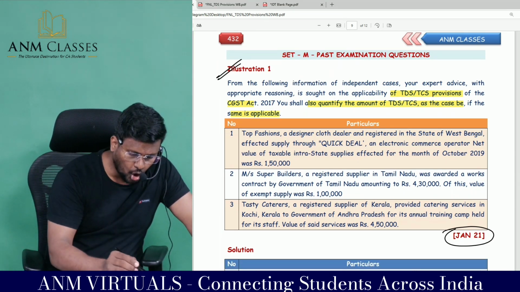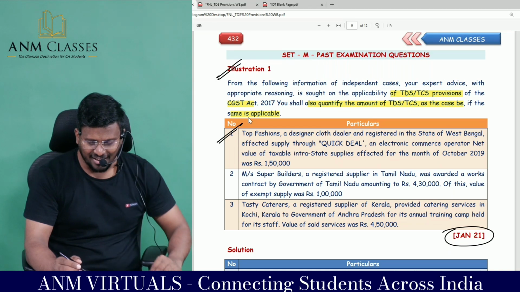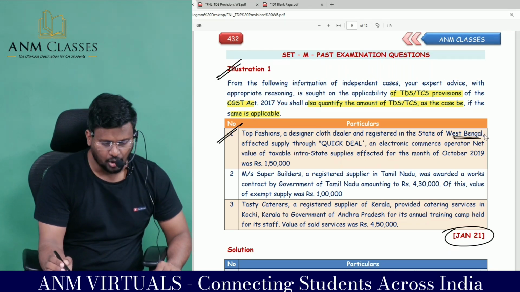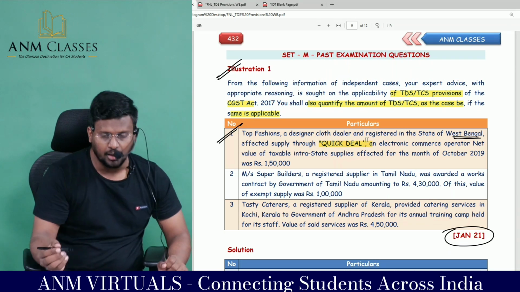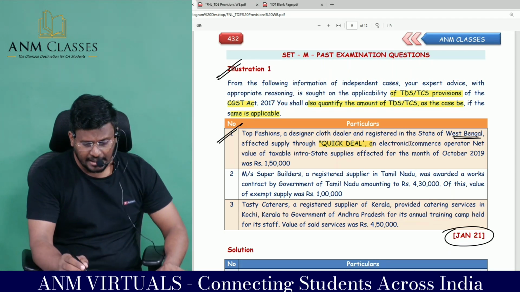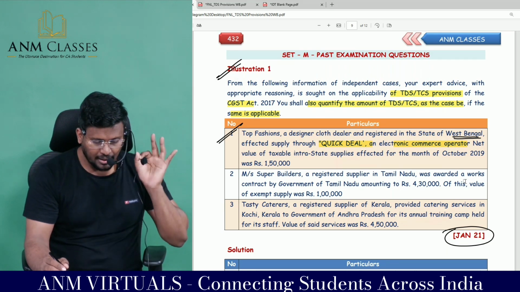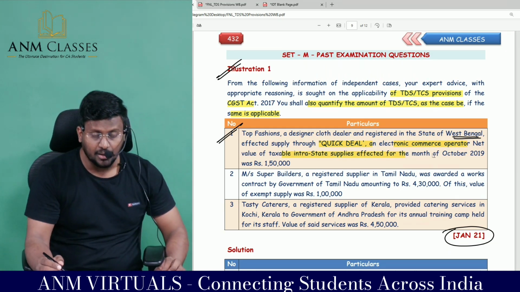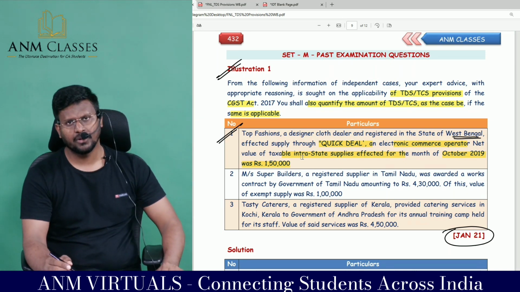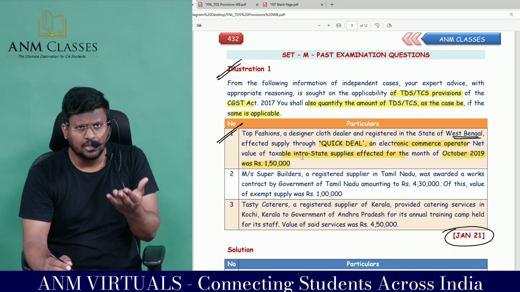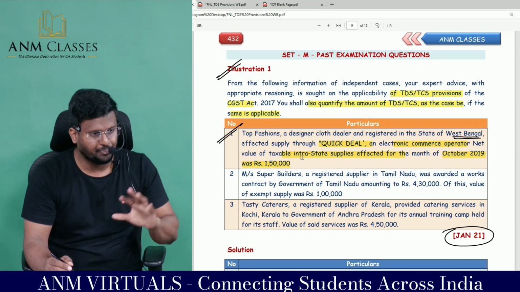Top Fashions, a designer cloth dealer registered in the state of West Bengal, effected supply through Quick Deal. What deal? Quick Deal, an e-commerce operator. Net value of taxable intra-state supply effected for the month of October was how much? We already know that there is a threshold limit for TDS, whereas there is no threshold limit for TCS.